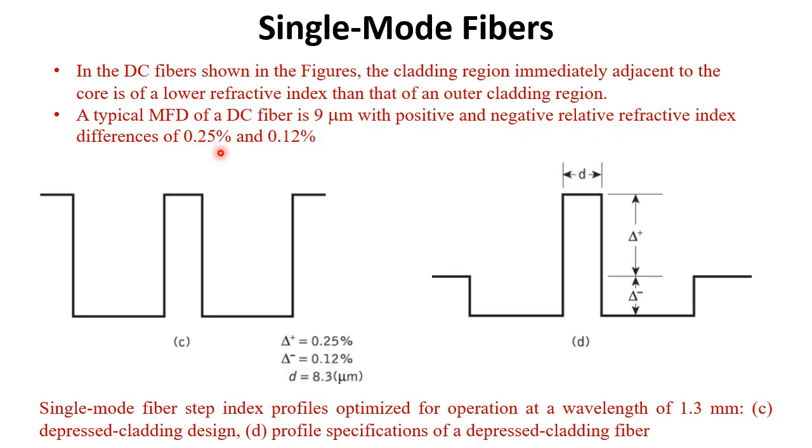of 0.25 and 0.12%. So basically the intention of this whole thing is to show that we can perform a lot of engineering with refractive index, both in the core as well as in the cladding.